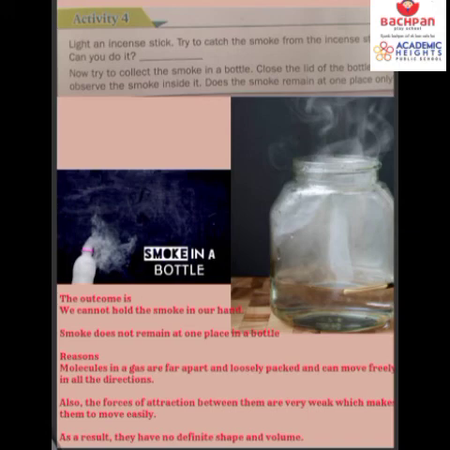Also, the forces of attraction between them are very weak, which makes them move easily.